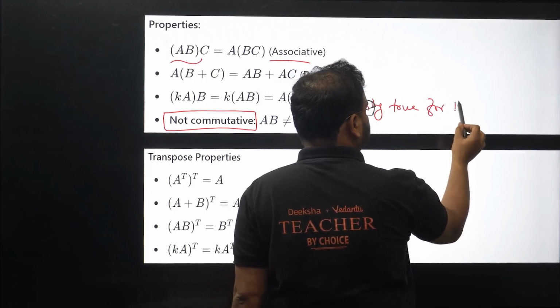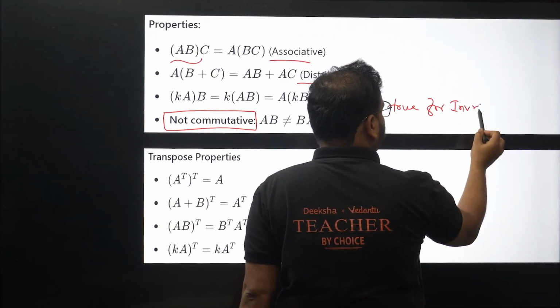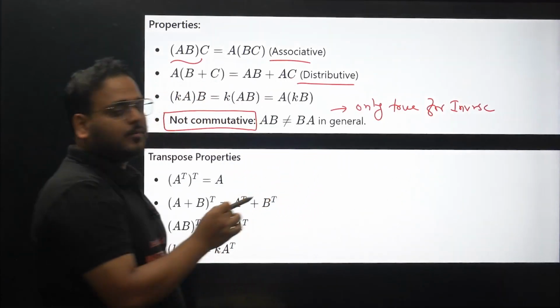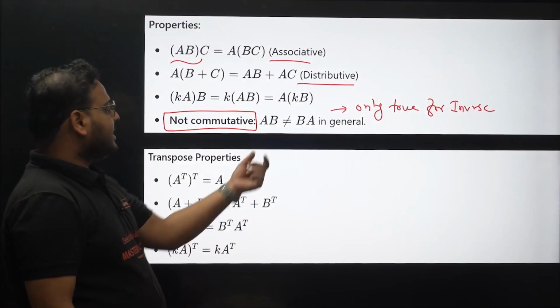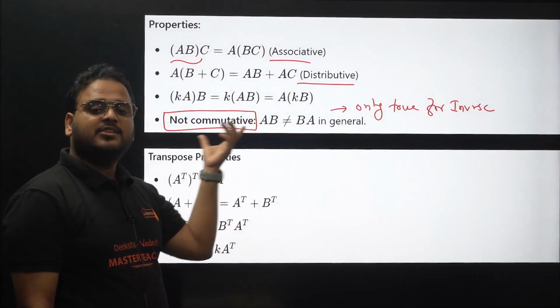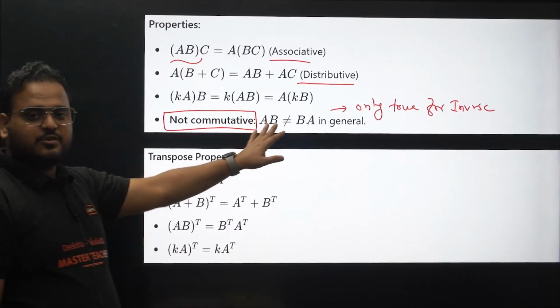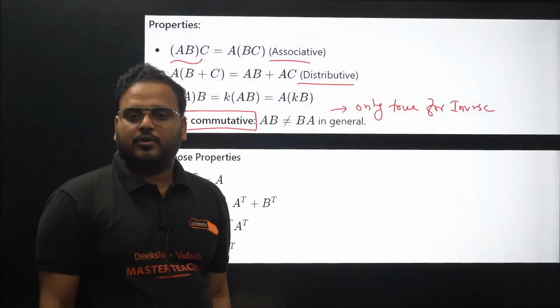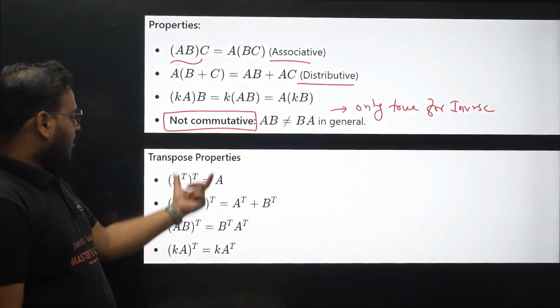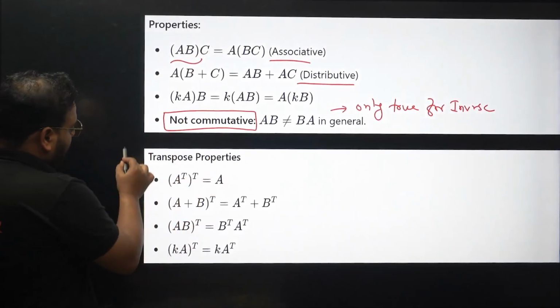If A is inverse of B or B is inverse of A, then only we can say it is going to be commutative. Otherwise it will not generally be commutative. You have to cross check that. If it is commutative, it will become an inverse or invertible matrix.